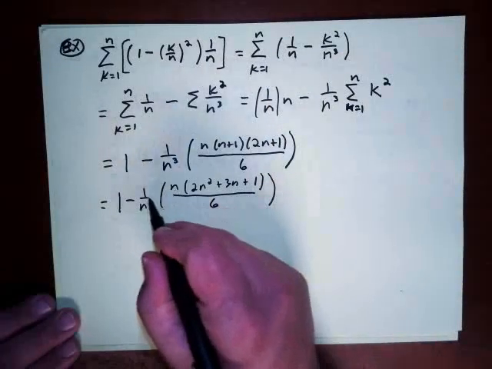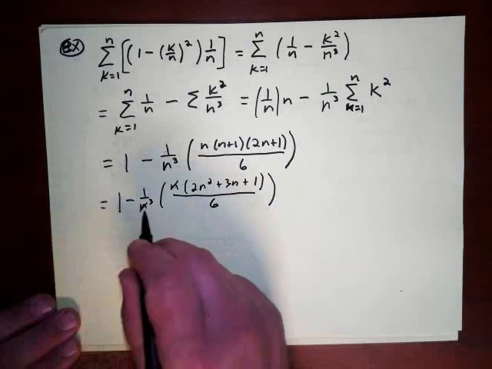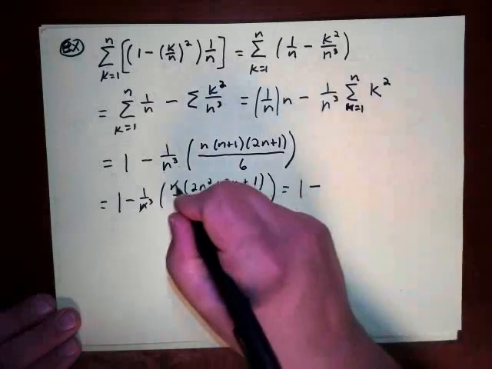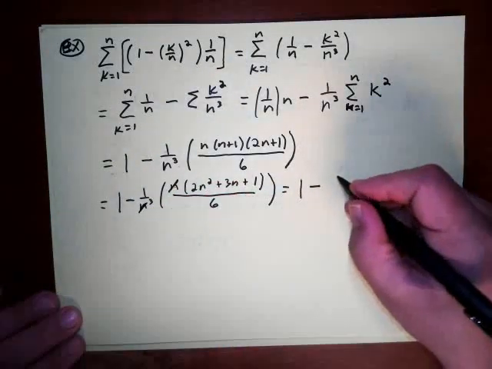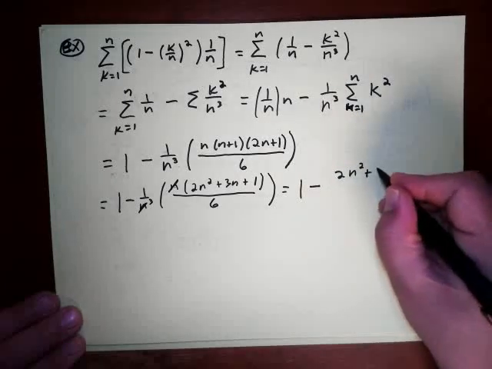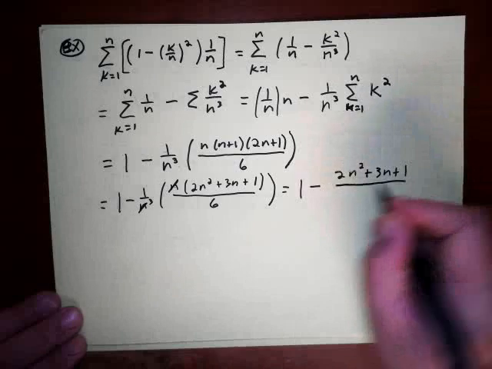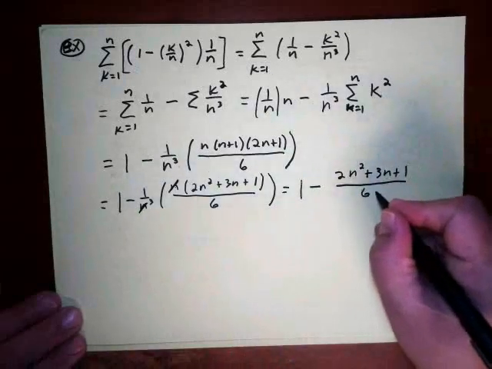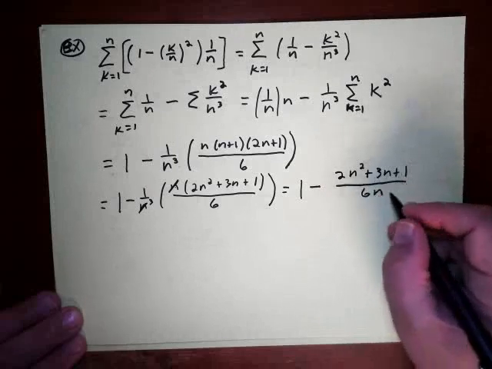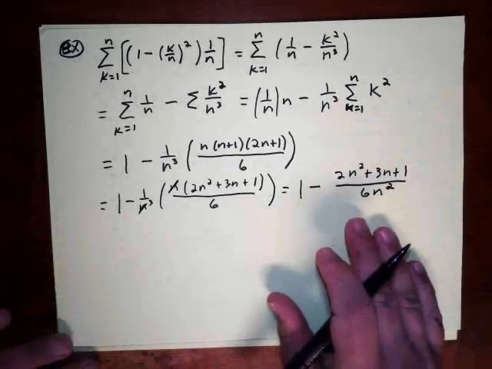Well, this n could cancel out with one of these here, couldn't it? So I get an n squared here. So then I could write this as 1 minus, so these cancel out, and then I get just 2n squared plus 3n plus 1, and then this is an n squared, so this is 6n squared. So I would get this expression here.